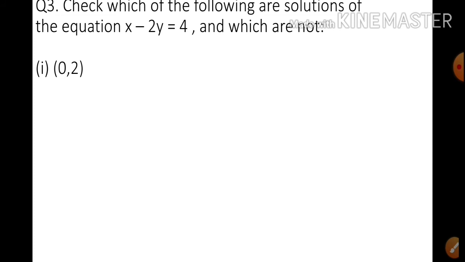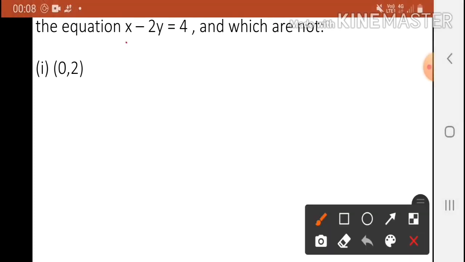Check which of the following are solutions of the equation x minus 2y equals 4. Now in this question the equation is given to you, and you just have to tell whether this is a solution of this equation. Now you all know this is x and this is y, so you just have to put the values in this equation.